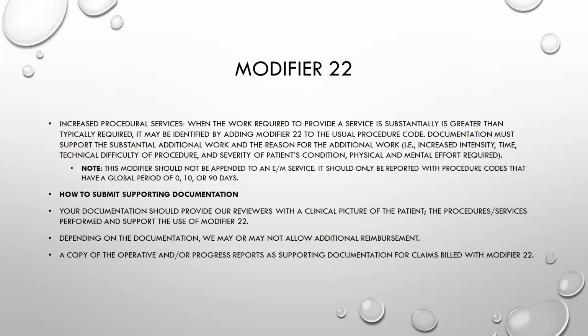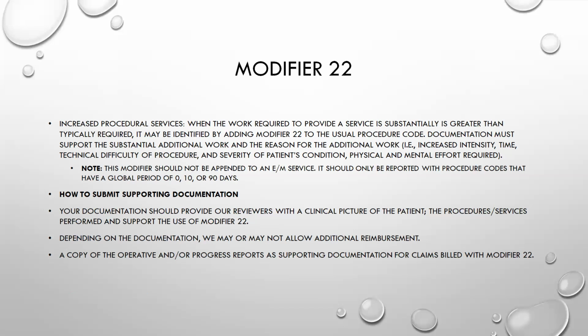And they believe that it supports a modifier 22. Now, a modifier 22 is simply stating that the provider's work was over and beyond the reasonable amount of time or effort that is included in the procedure itself.